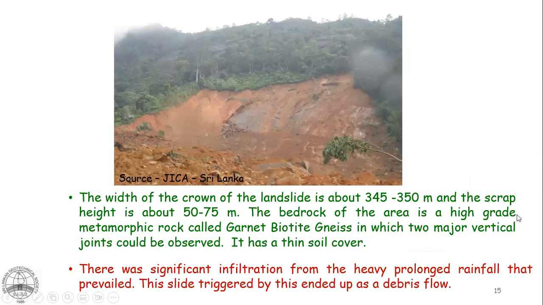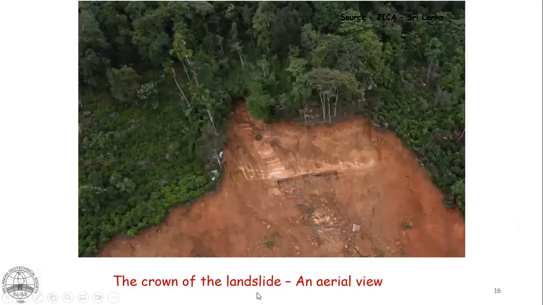The bedrock of the area is high-grade metamorphic rock, garnet gneiss, and there were 2 major vertical joints in this rock mass. As you saw with the rainfall records, there was significant infiltration from the heavy rainfall that preceded this event, and the landslide, which started as a slide, ended up as a debris flow with the presence of a heavy amount of water.